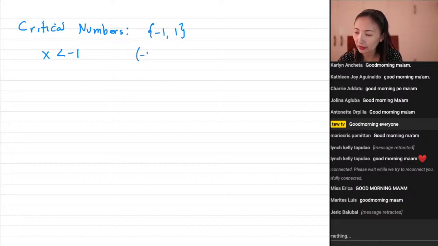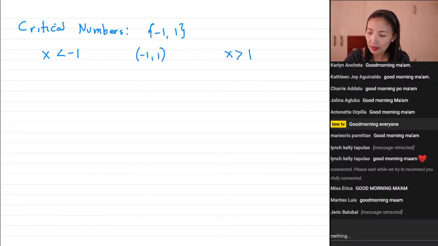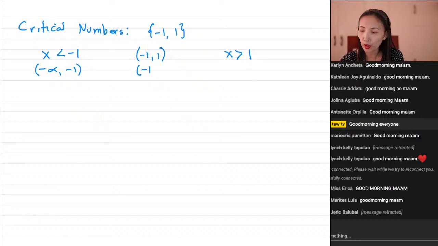And the other interval will be from +1 to the right, x greater than 1. So this is the same as the interval -infinity to -1. This interval from -1 to 1, we will select a test point. And this interval is the same as 1 to +infinity. Okay, so we have divided it into 3 intervals.